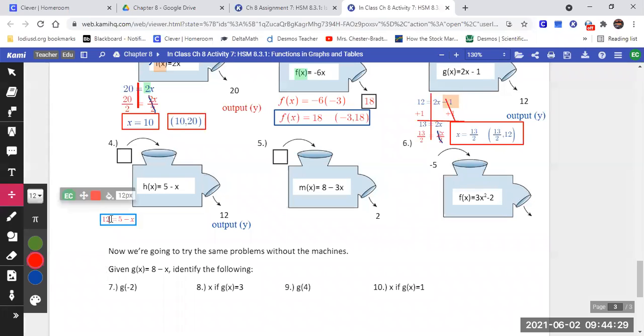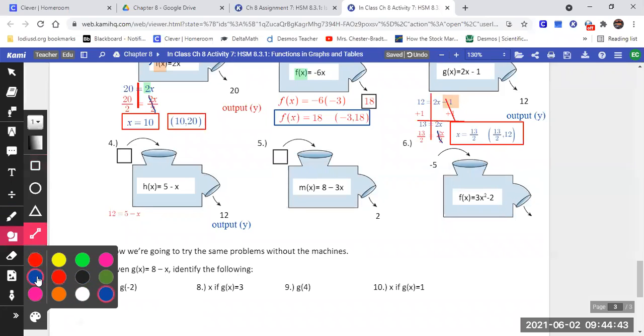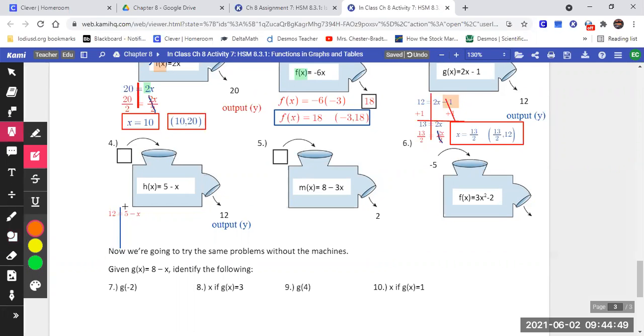Yes, because the output replaces the f of x, g of x, h of x, the y location. Okay, now I have to do my big zeros and my big ones. I see an adding or subtracting of a number. I need to make the number move. What am I going to do?